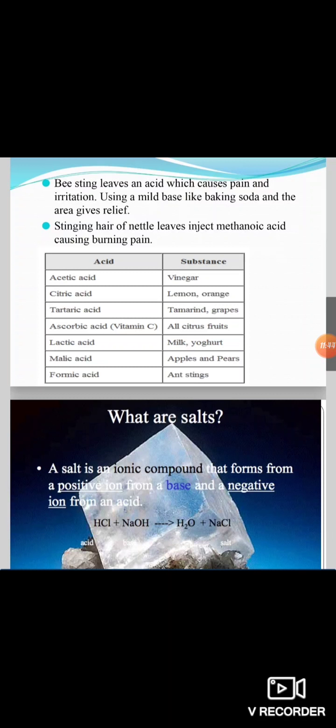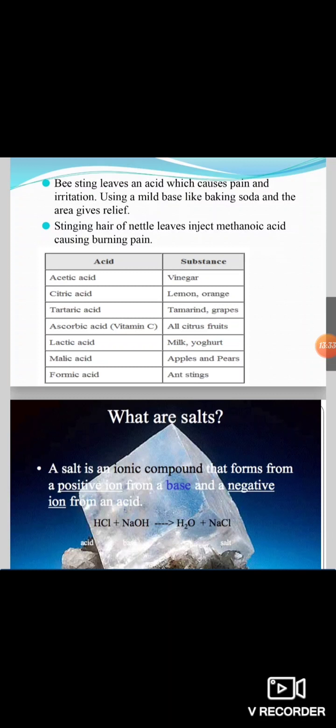And then salts. What are salts? You know the salts you use daily in your home. In the previous class we have seen the formation of salts during various reactions. Let us understand more about their preparation, properties and uses.